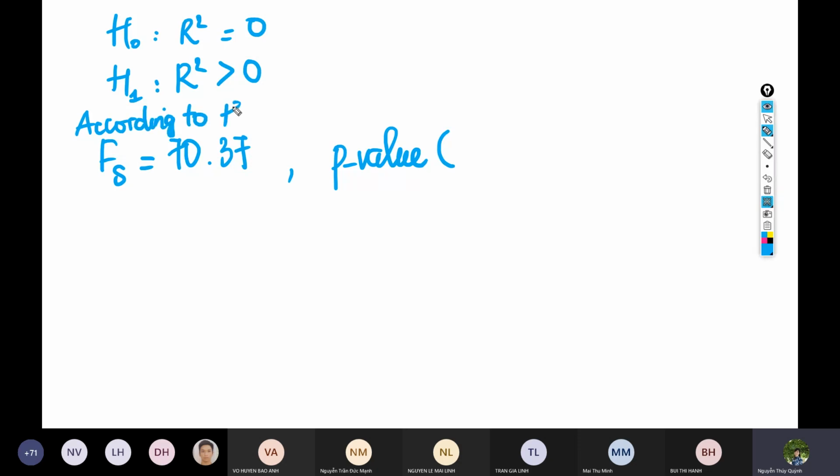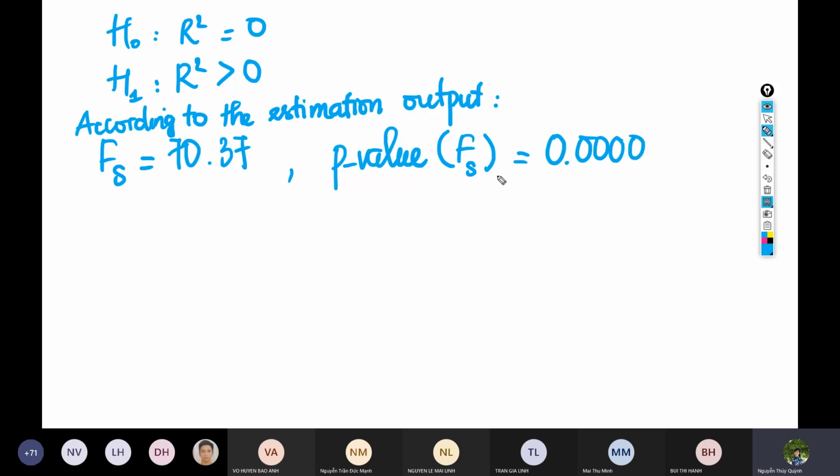According to the estimation output, the observed value of F is 70.37, and the p-value associated with this observed value of F is equal to 0.0000. This p-value is obviously less than alpha, which is 0.05.